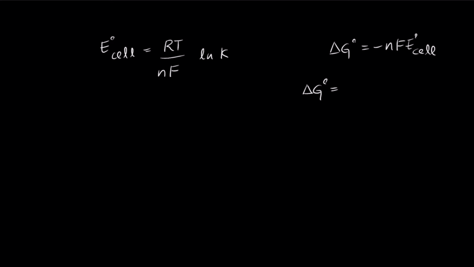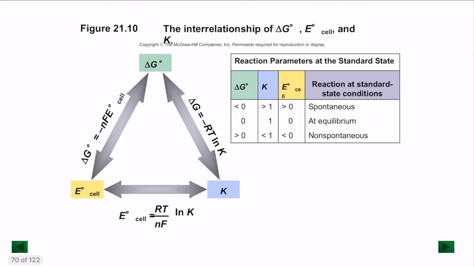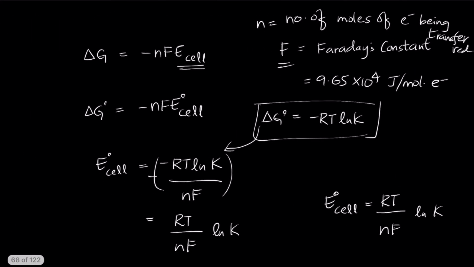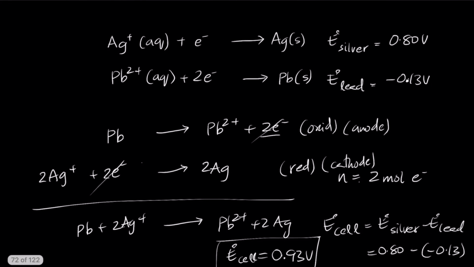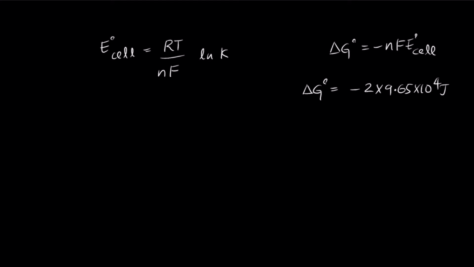So let's calculate delta G prime. Minus N here is 2 moles, times F here is 9.65 times 10 to the power of 4 joule per volt mole of electrons.